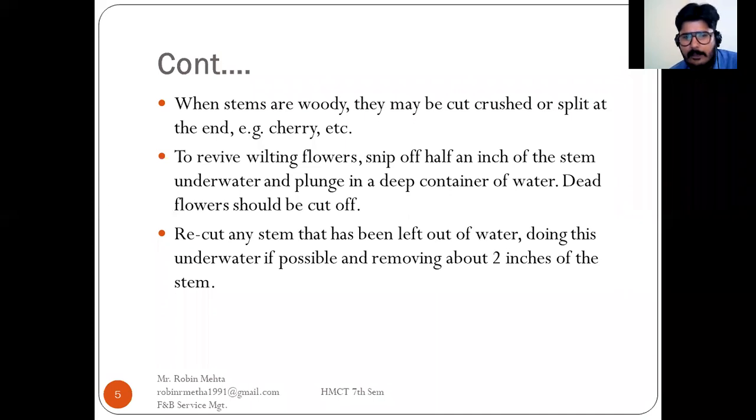In this case, we can prune or nip off those particular plants from the fresh ones, and then put them into a deep container of water, where they get their life back.